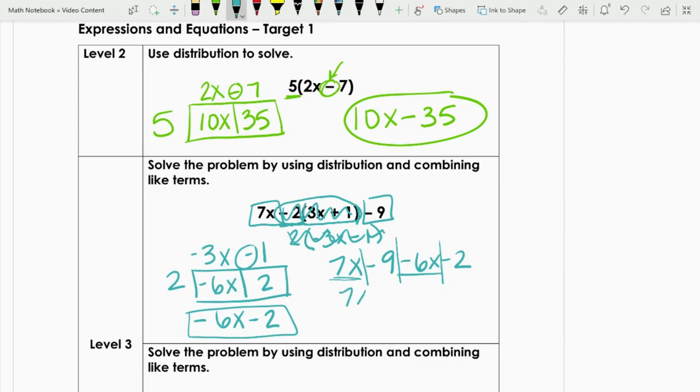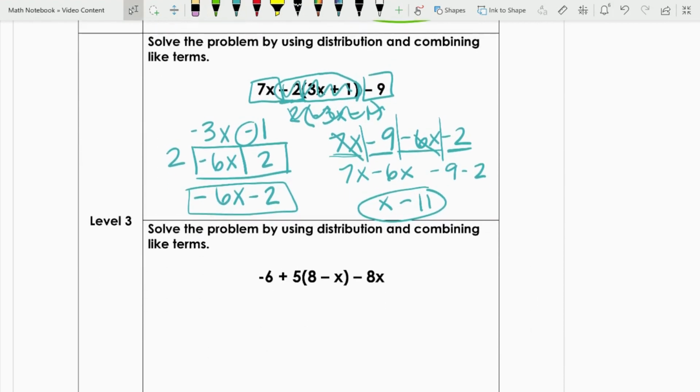So I have 7x minus 6x. I can't combine the 9 and 2 with those because they don't have x. You're only looking for terms that have x. So 7x minus 6x, well, that's 1x, or just x. So those are out. And now all I have left is a negative 9 minus 2. Okay? So negative 9 minus 2 is negative 11, and that is my final answer.